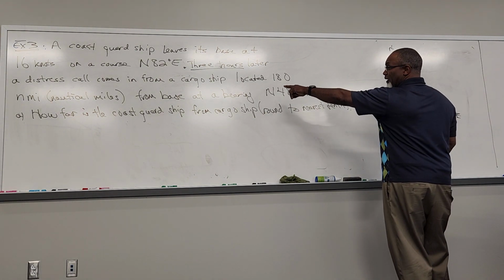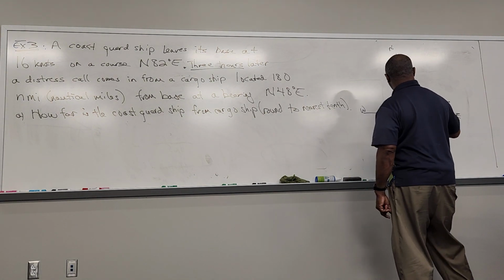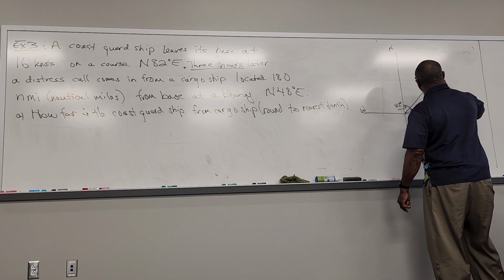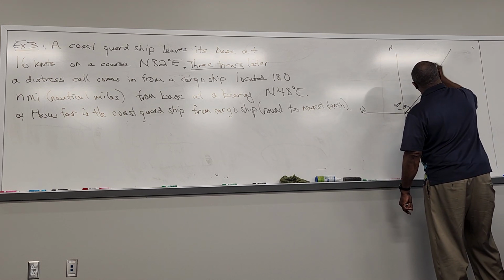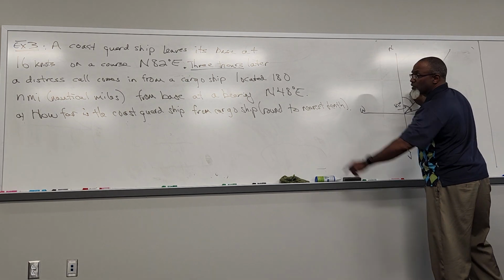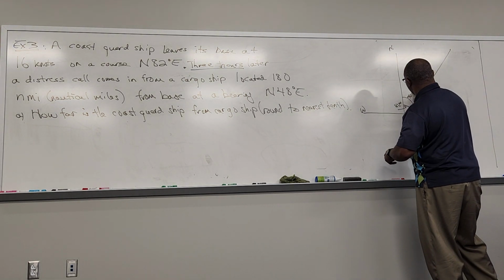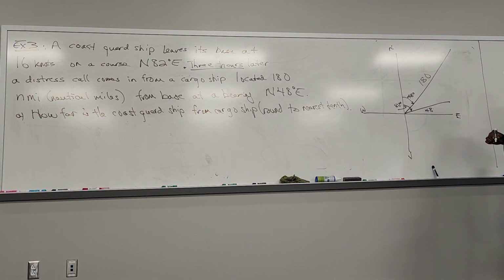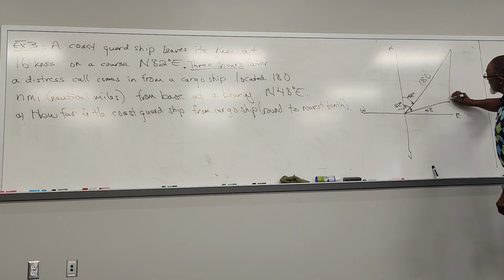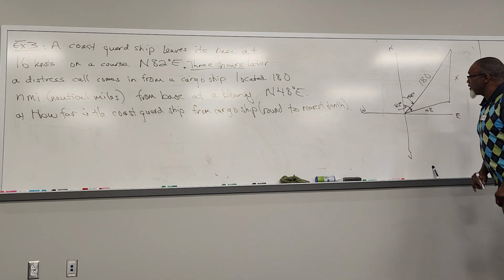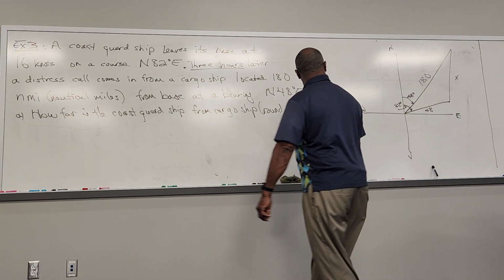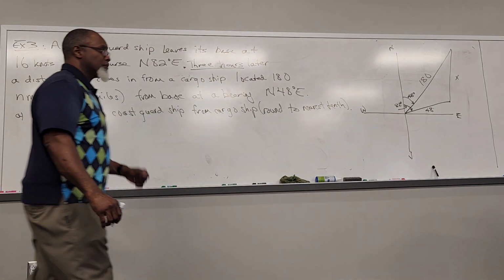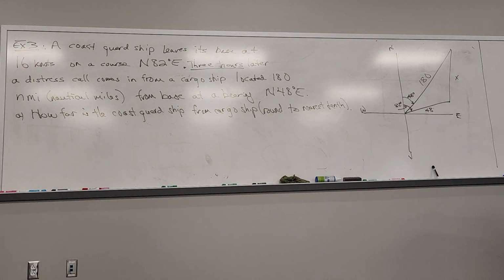The second ship left base and went 180 nautical miles, and his angle was north 48 degrees. So this is a 48 degree angle from there to there. And I want to know how far apart the ships are. So we're looking for X.